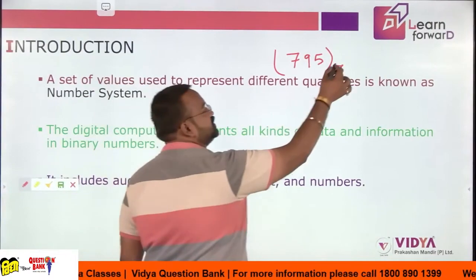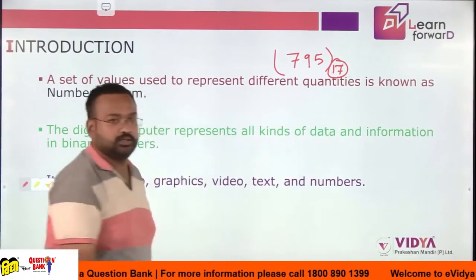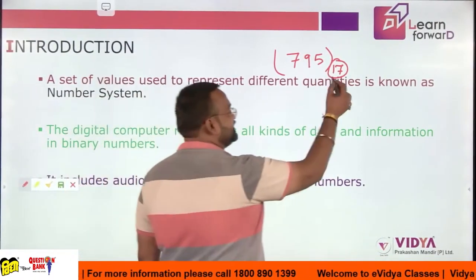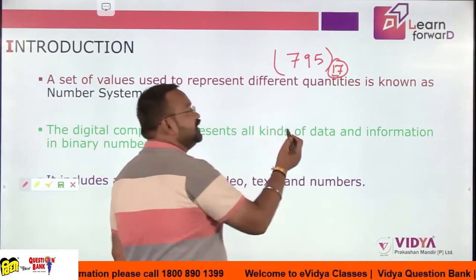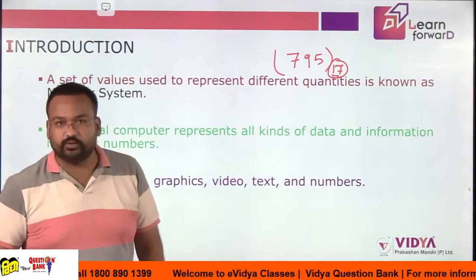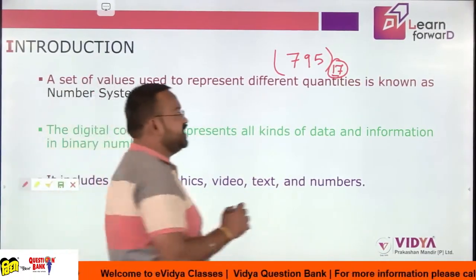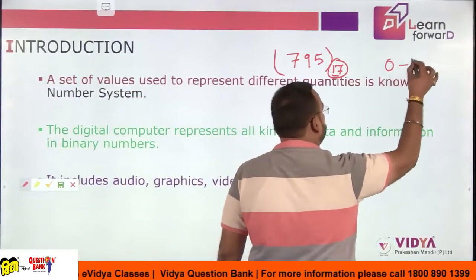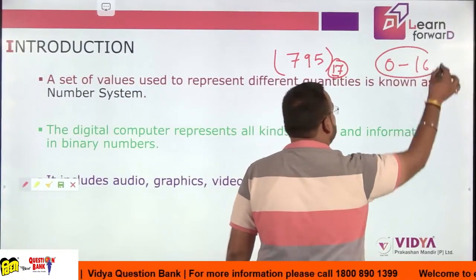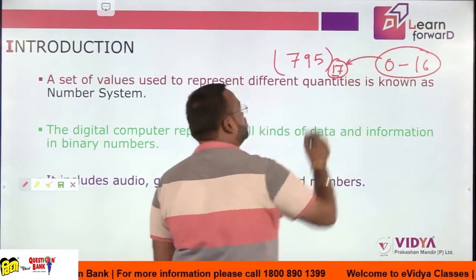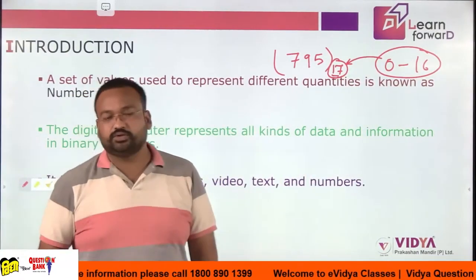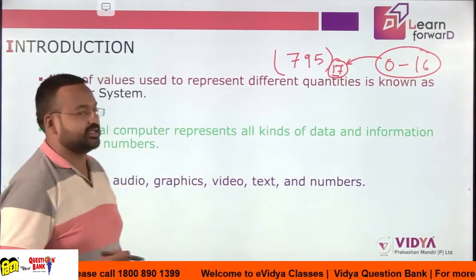This is called the base or radix. So this represents, for example, that 17 digits are allowed including 0. That means digits from 0 to 16 can come under this particular number system, so the counting would be from 0 to 16.